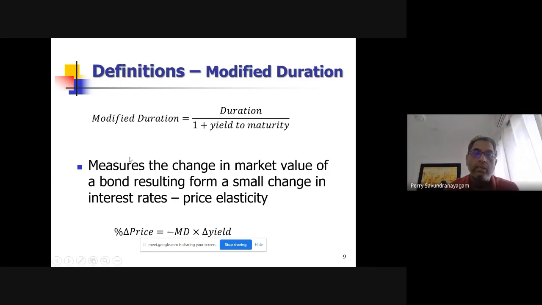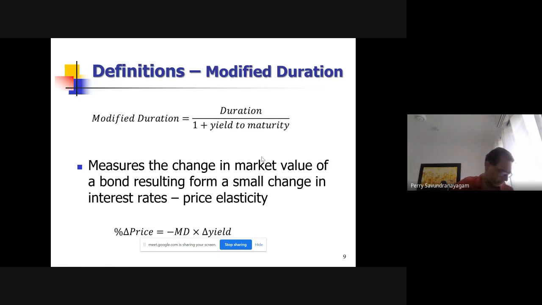For that, you need the modified duration of the bond, which takes into account the period of the bond and the yield to maturity of that bond. The modified duration of the bond is X basically, and it tells you that if the yield changes by X amount, what will the price of the bond change by? So if the yield goes up 1% or goes down 1%, based on the modified duration that you have got here, what will the price of the bond change?